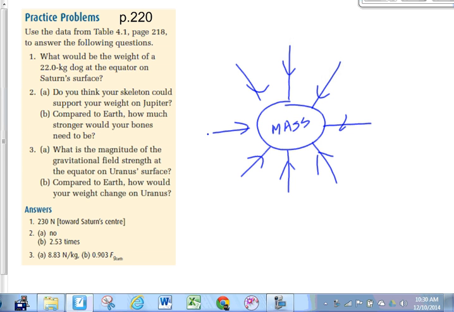Now, force, on the other hand, is also there. There's also a force of gravity if there's something there to experience the field. So, the field are these blue lines that are there as long as you have something to cause it. The force is that influence that's felt by this little red object as a result of the field.